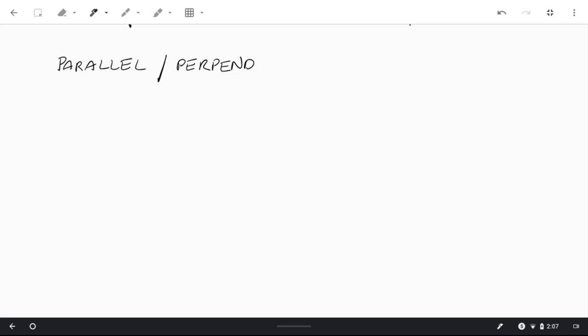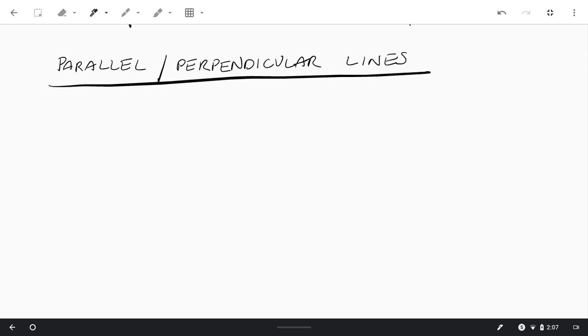Let's take a look at this last part, which is parallel and perpendicular lines. First of all, let's take a look at parallel lines. Remember, parallel lines are lines that never intersect, like that.